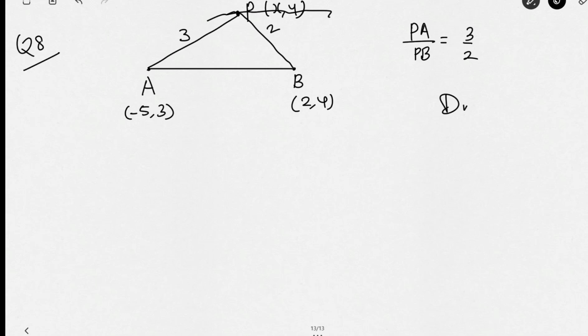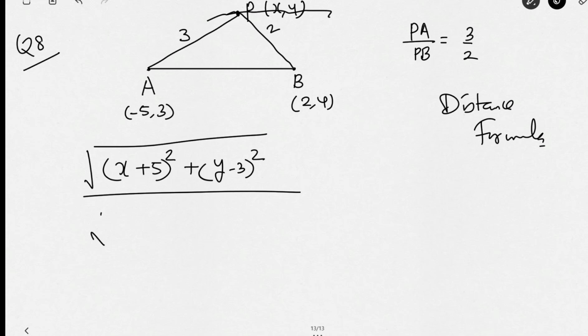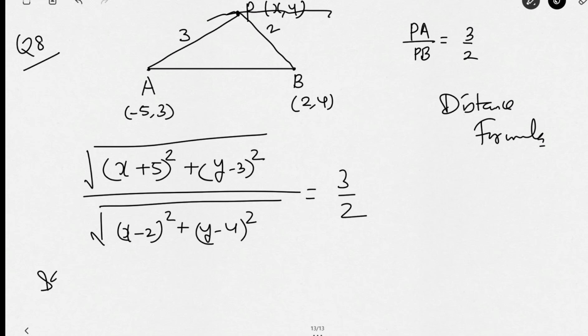So this is a very simple question where we need to use distance formula, right? So PA over PB equals 3 over 2. PA is square root of (x plus 5) square plus (y minus 3) square, over square root of (x minus 2) square plus (y minus 4) square equals 3 over 2, and do the squaring on both sides.